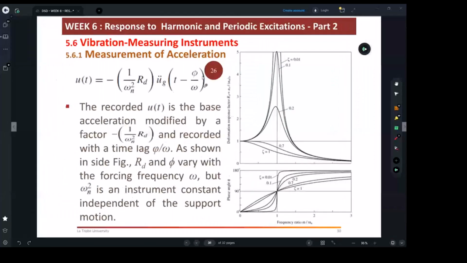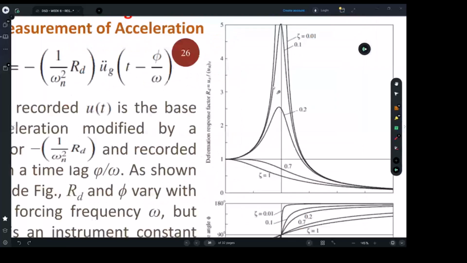So in terms of applying this, we will be talking about a case where we are measuring the excitation from a machine installed on top of a roof, and then we need to figure out whether the equipment is within acceptable limits.